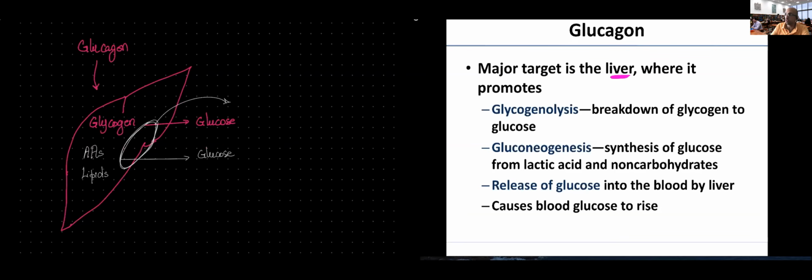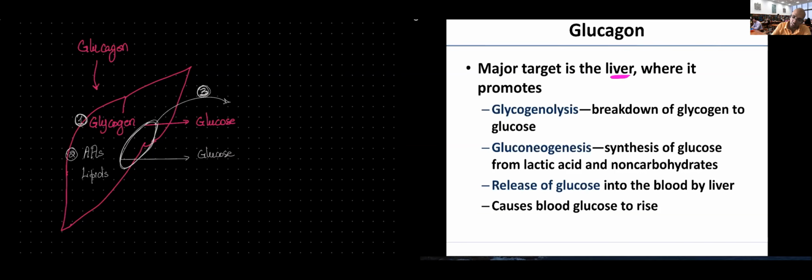So those are the three main actions. It enhances the conversion or the breakdown of the glycogen into glucose. It enhances the conversion of the proteins and fats into glucose. And the third action on here is to enhance the release of this glucose from the liver into the blood.